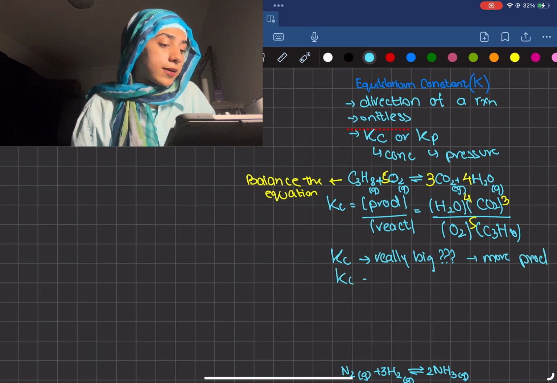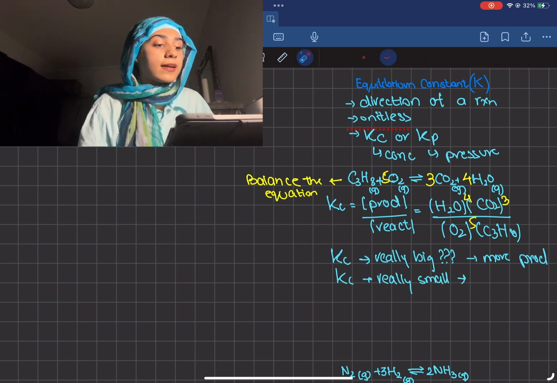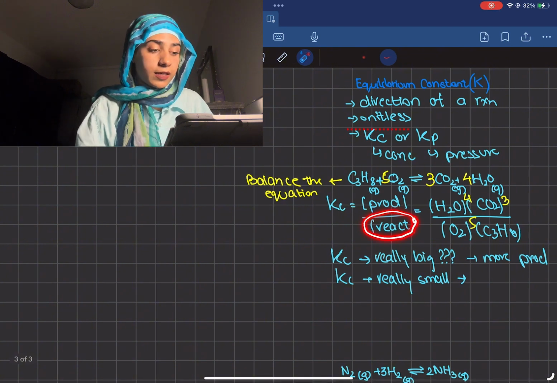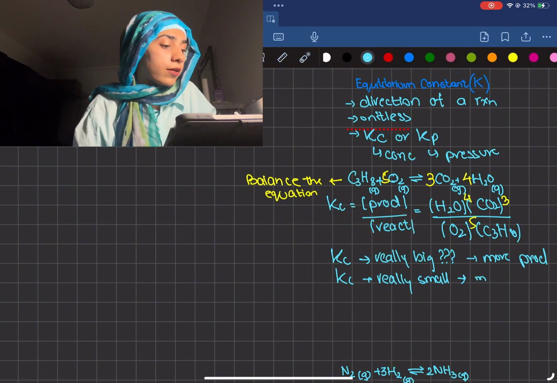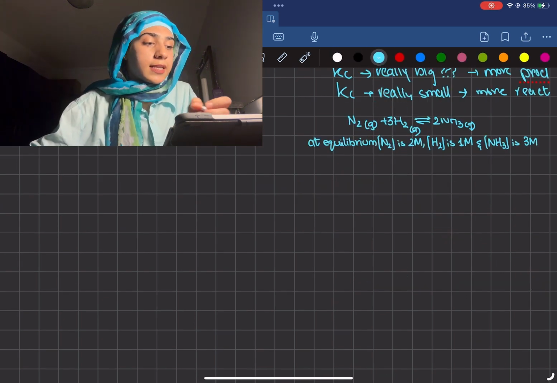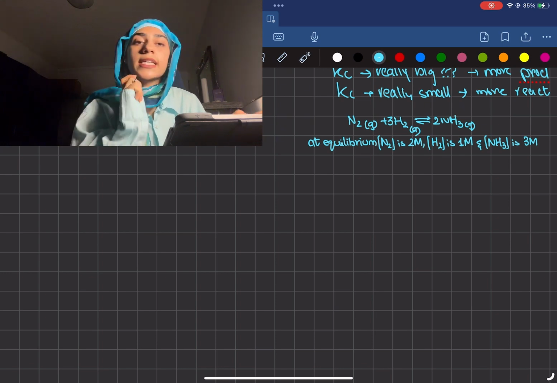Similarly, if I get a really small Kc, that would mean that my denominator is really big. My denominator has reactants. That means I have more reactants. Let's look at another example and see how to write a Kc for that.